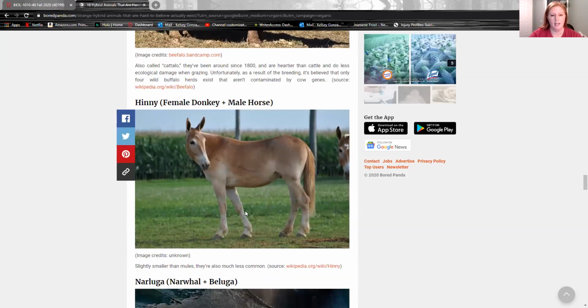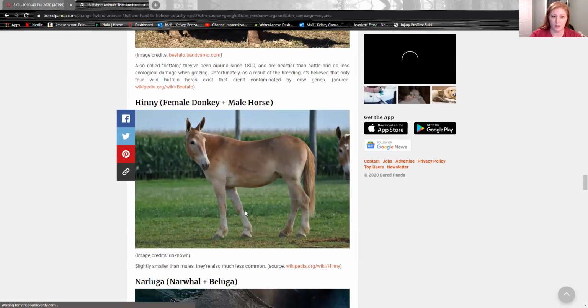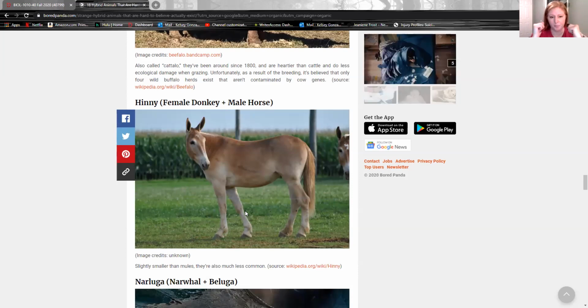Okay, then you have the hinny. The hinny, you need to have a female donkey and a male horse. And they look like this. They are compact, they're short, their legs are short, the face is very long and slender. The opposite of this, where you have a male donkey and a female horse, is your mule, okay?